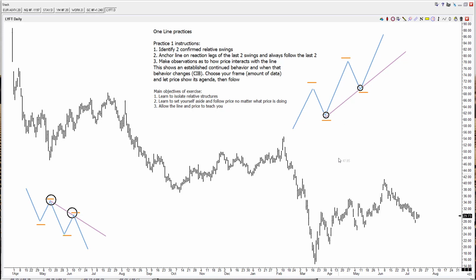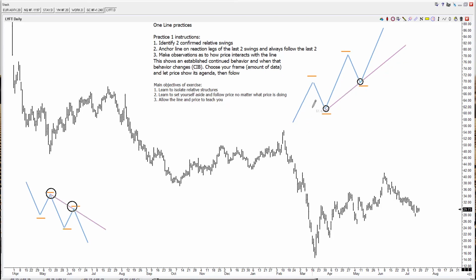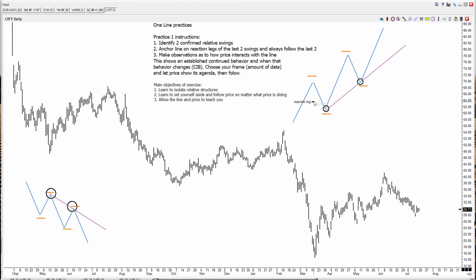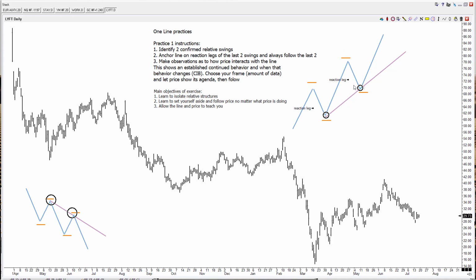All right, so let's do the instructions really quick. What you need to do is be able to isolate two swings, two confirmed swings. So just as a reminder, we have the components of a swing, okay? The impulse leg, the reaction leg, the impulse leg, the reaction leg.